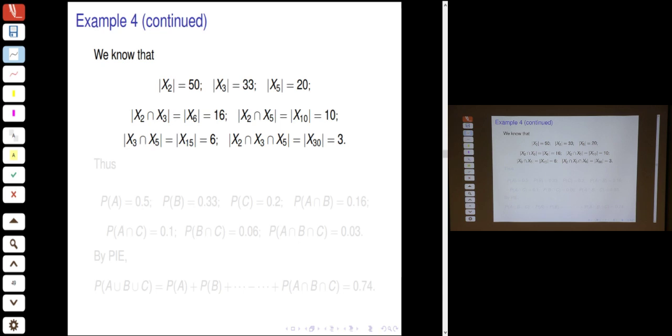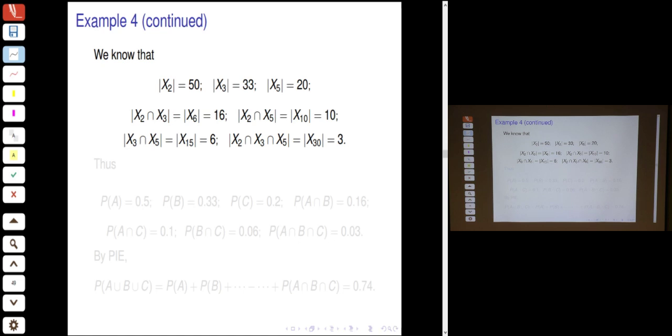So the intersection is actually the same as x6, so it's easy to count. For the same reason, we are lucky: 2, 3, and 5 have no common divisor. If you have a common divisor, it's a little bit more complicated. So in the simple case, it's straightforward to calculate the size of the intersection.